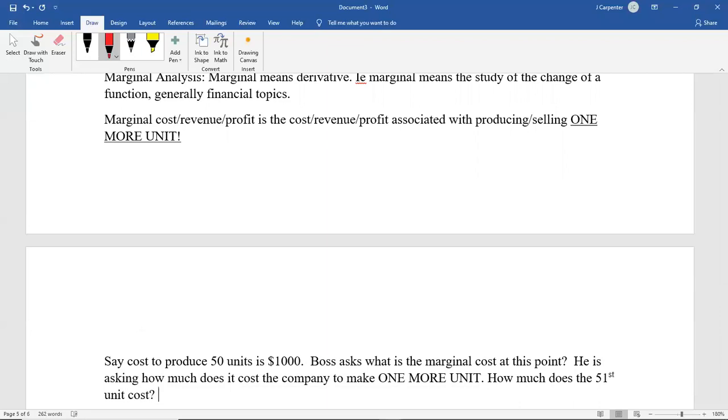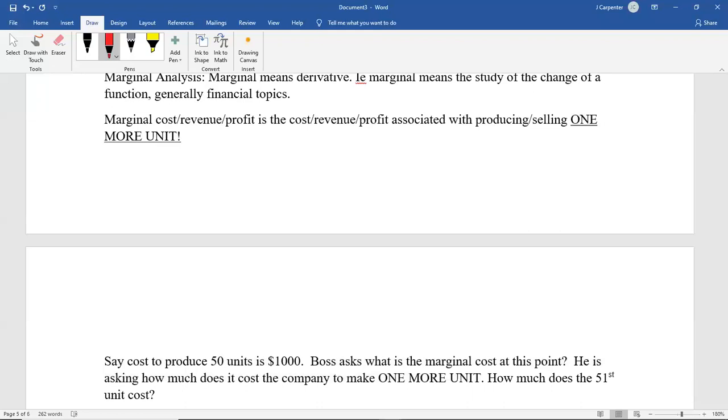The marginal cost at 50 units is the cost to produce the 51st unit, or the marginal revenue or the marginal profit. All three of those words are interchangeable. And if you don't know how to calculate profit based on cost and revenue, we'll lay that out in just a second. But again, these are generally associated with derivatives.